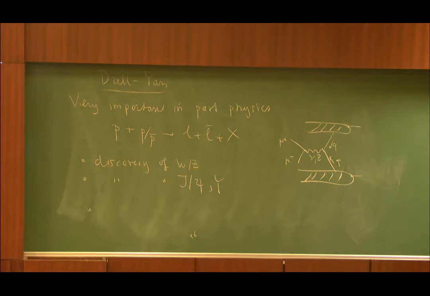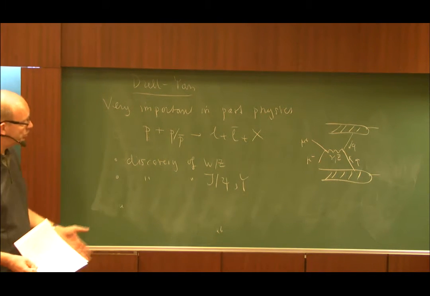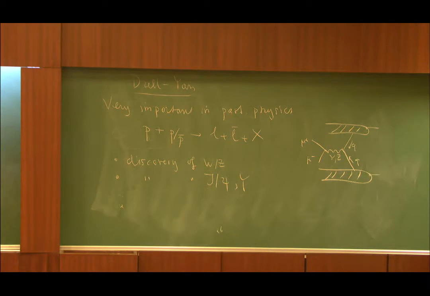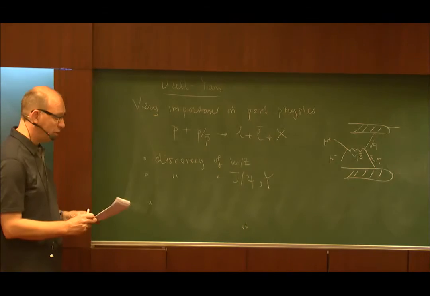J psi was a major discovery that really cemented a lot of thoughts and made them solid. The fact that there was a second family, that there was a partner, we knew up, down, strange, but that there really was charm was a major discovery. And then the bottom quark signaled the presence of a whole third generation of fermions. So also here, major importance for the Drell-Yan process.